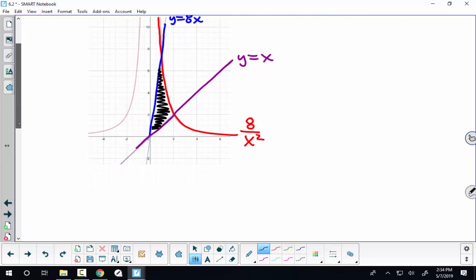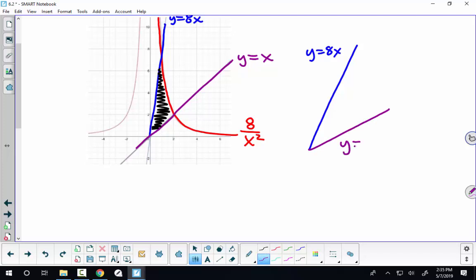And once again, I'm going to redraw this just so it's a little bit more exaggerated or blown up here. So that's the region we're finding the area of.